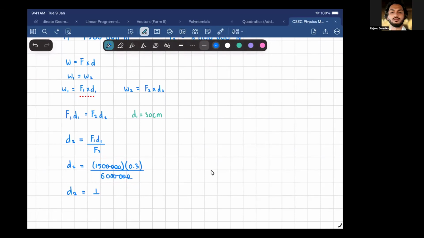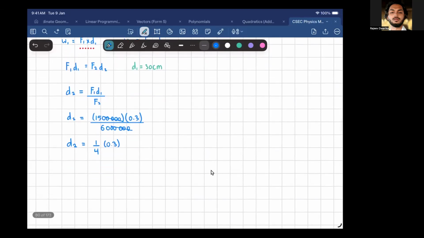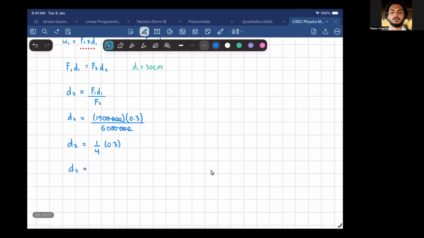So that will be a quarter of 0.3. And what's a quarter of 0.3? You should get 0.075 meters.